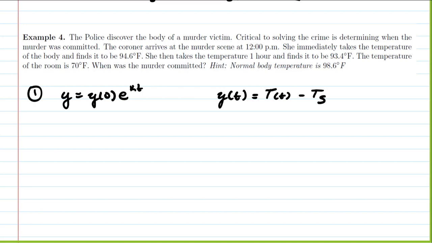Well, we know what T sub s is. That's the temperature of the surroundings. And our room temperature was 70 degrees, right? So we get that y of t is equal to T of t minus 70 degrees.